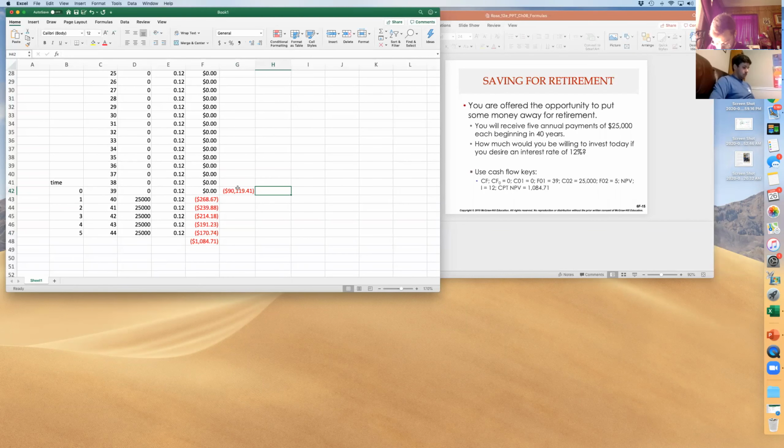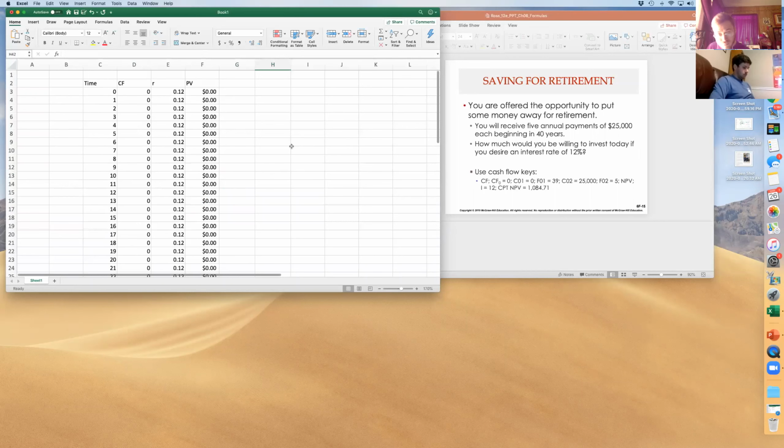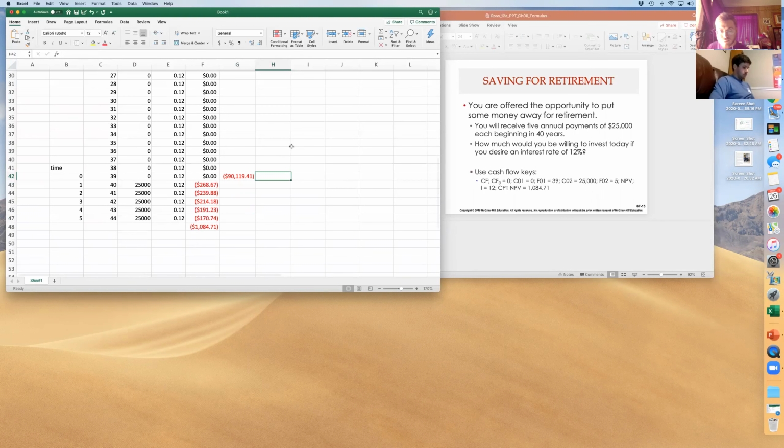We need it back at time period 0. So we can now do a second present value calculation where we have an interest rate of 12% still, but now we're taking this back 39 years. We have no payment. We have instead a single lump sum, and that's $90,119.41. And we get the same answer.